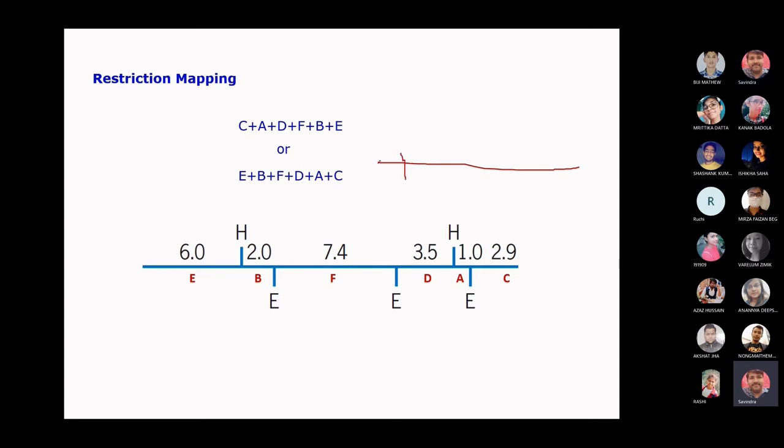Then, because it is E, आप क्या करेंगे, सबसे पहले इसको E को इस तरह से लिख लेंगे. Then you will mark after B 2 centimeter. Then F, I'm very bad in drawing. Okay, then D, then A, and then C.